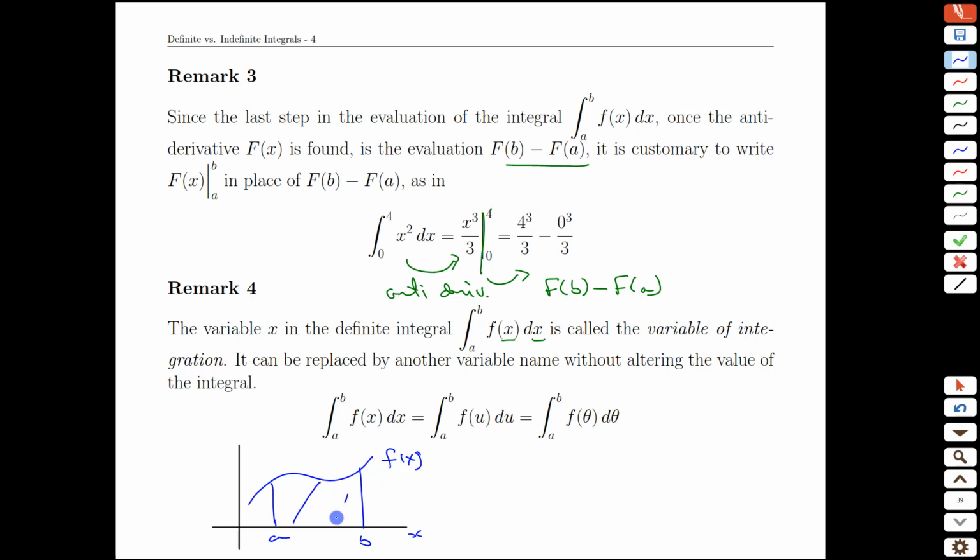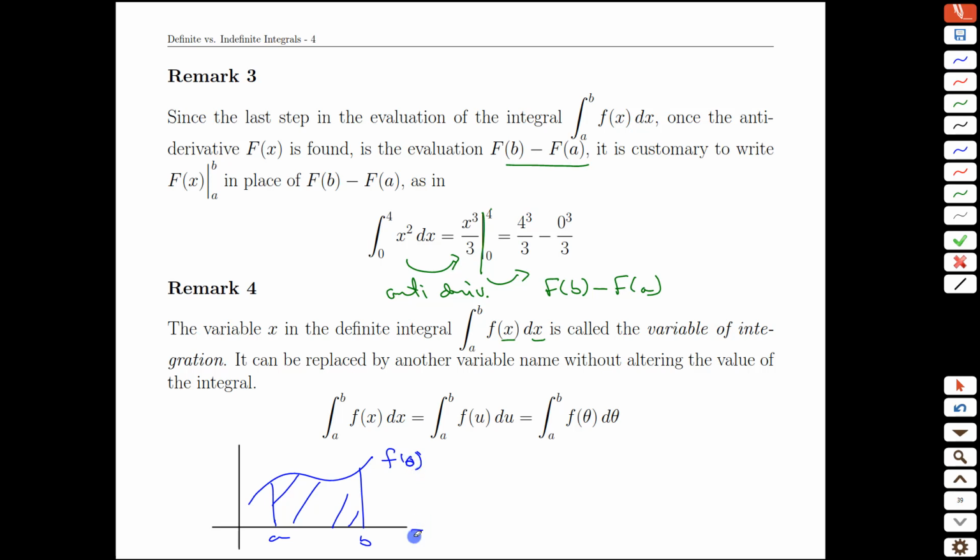We're talking about the numeric value of the area underneath that graph. Well, it doesn't change anything if we called this f of u and then relabel this axis u, or if we call this f of t and relabel this axis time. The area that we would encounter here does not change.